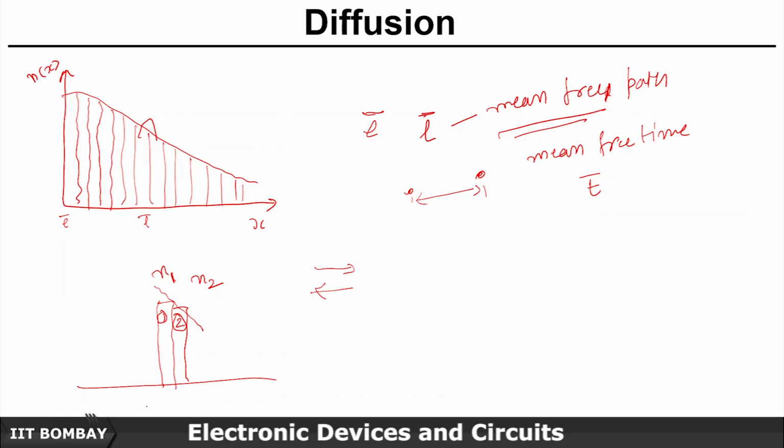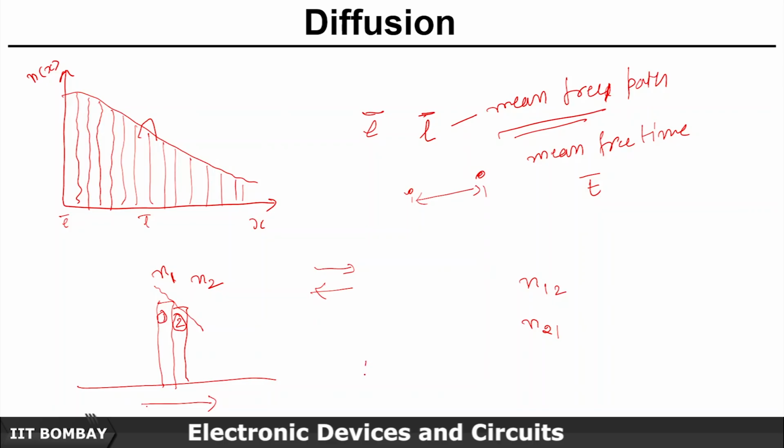If I want to calculate the net movement of these charge carriers from region 1 to 2, I have to assume the number of charge carriers moving from region 1 to 2 first, and similarly those moving from region 2 to 1, and then subtract them.